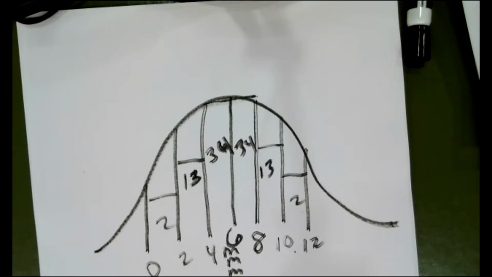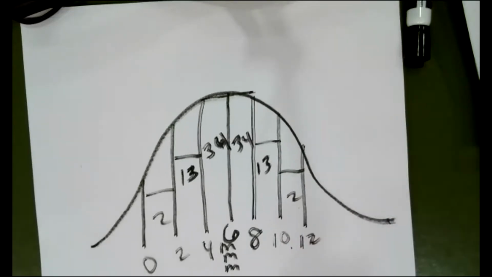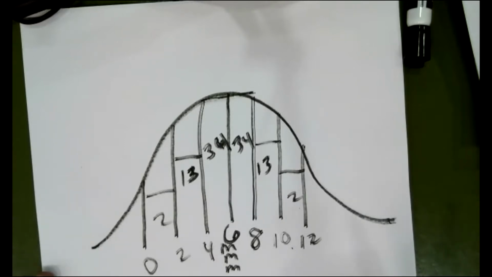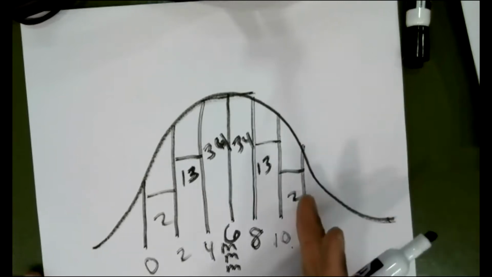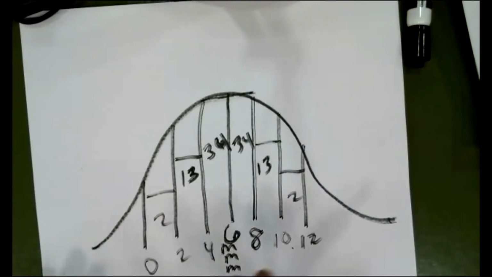Okay. Now, based on this bell-shaped curve, if we wanted to figure out what percentage of people stayed at certain days, what we could do is we can add percentages to this, 0%, 100%. And we can use this cumulatively to figure things out.